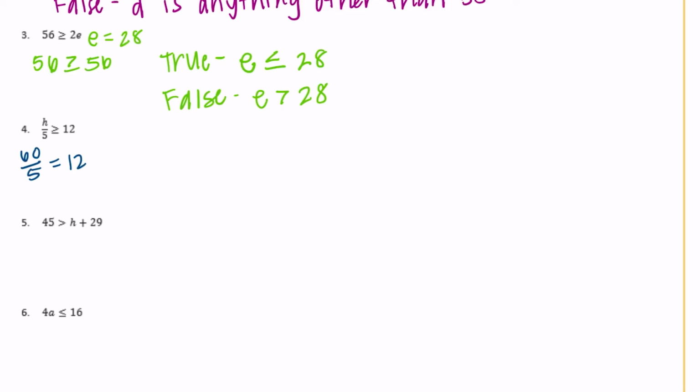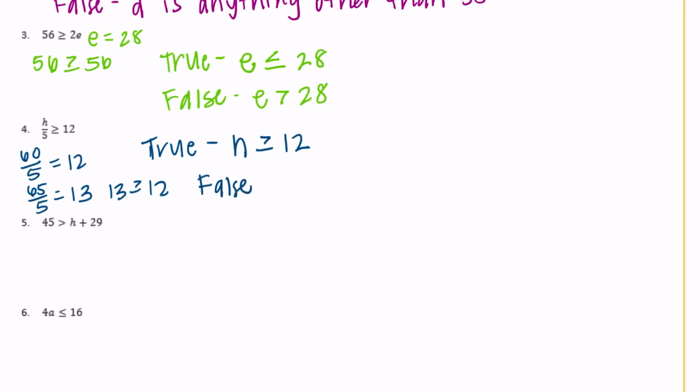So if we were to make it, for example, 65 fifths, well, 65 divided by 5 would be 13. Is 13 greater than or equal to 12? Yes, so that's true. So it looks like to make it true, h needs to be greater than or equal to 60.